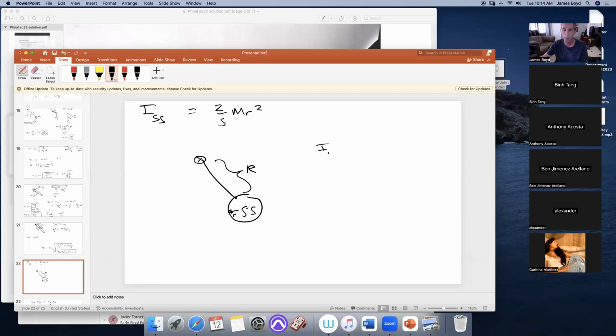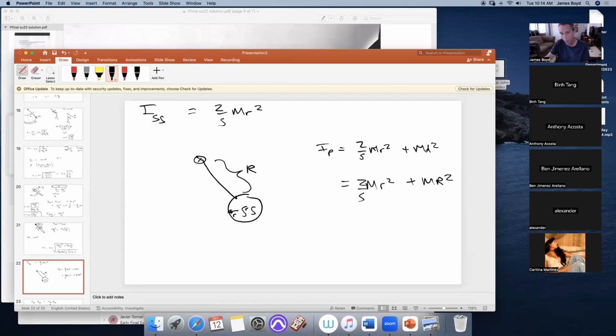Now, for my I, I have to use the parallel axis theorem because it's rotating. This moment of inertia is about the center of the sphere, but I need it about that axis. So I get 2/5 m r squared plus m d squared. But d in this case is the distance from the center to the axis, which is big R. So I get m R squared.